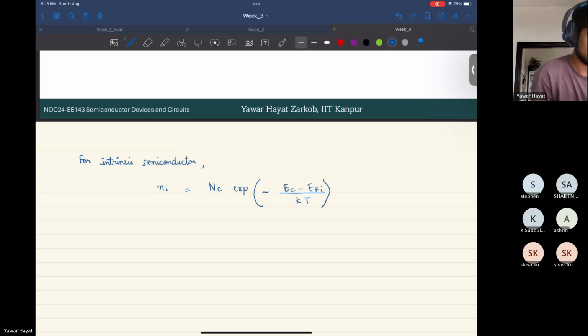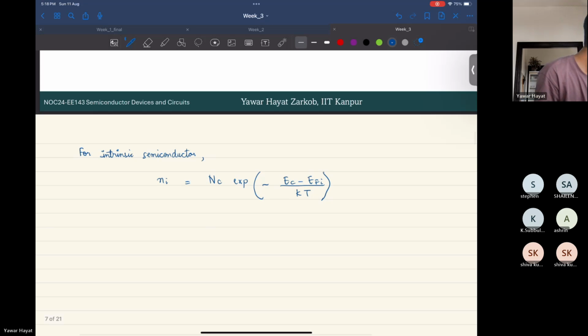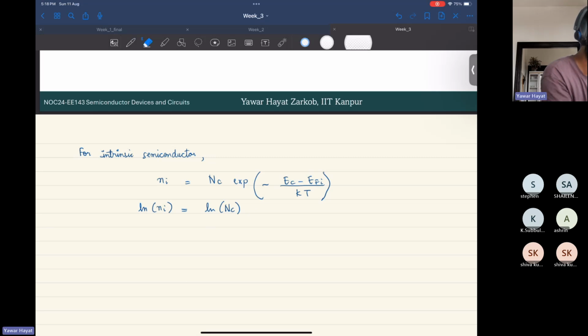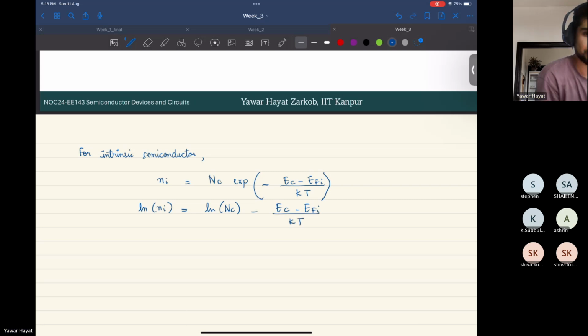Everyone remembers this. Then if we take ln on both sides, we get the following. ln of Ni is equal to ln of Nc plus, actually minus, because this minus sign is there, minus Ec minus EFI by kT, right?